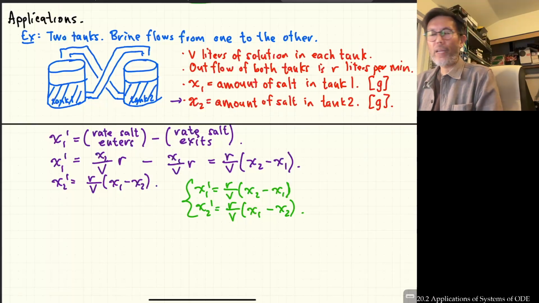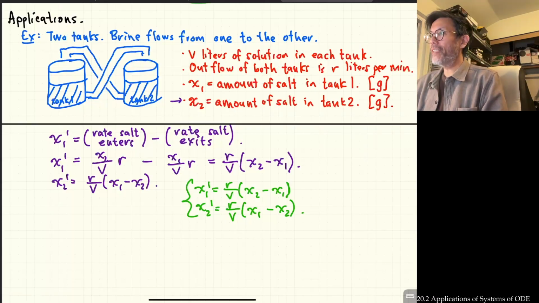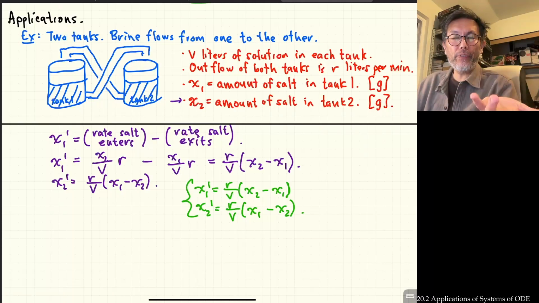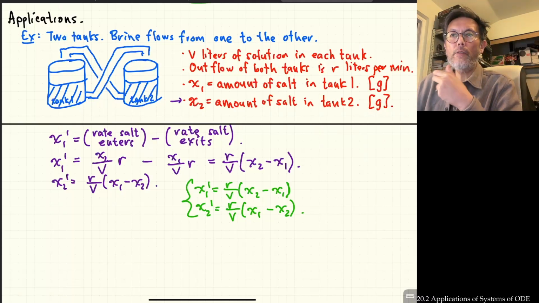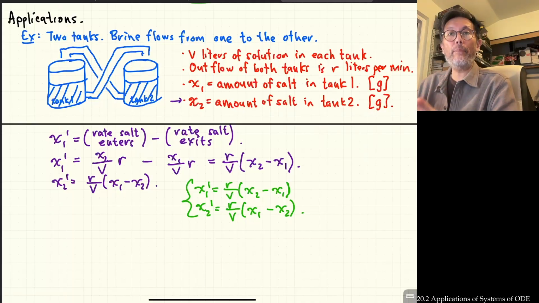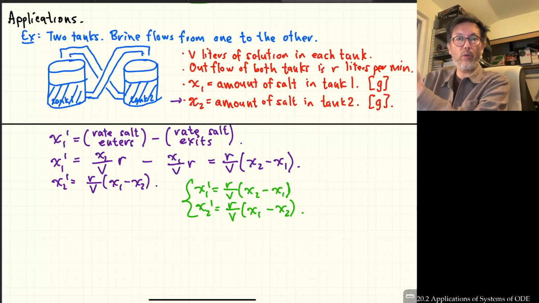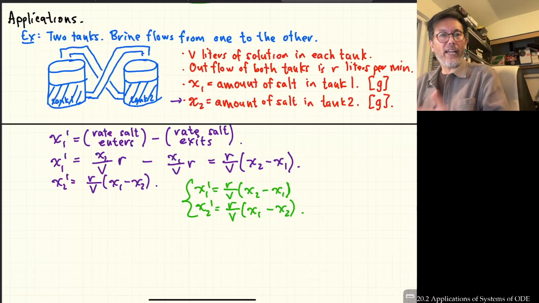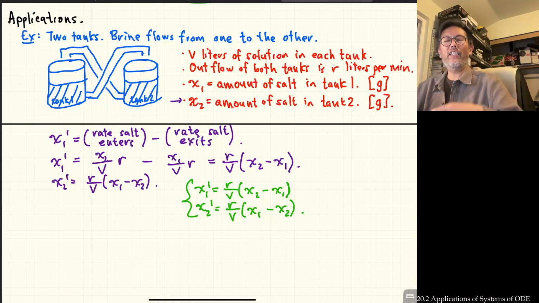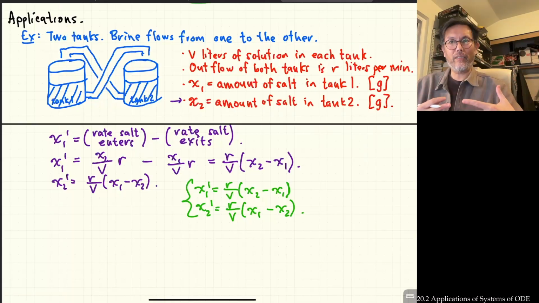Now, it should be said that, unlike in the previous example at the end of the last video, you can't solve for one of x1 or x2 separately and then plug it into the other equation. You need to know x1 and x2; you need to solve for them simultaneously.